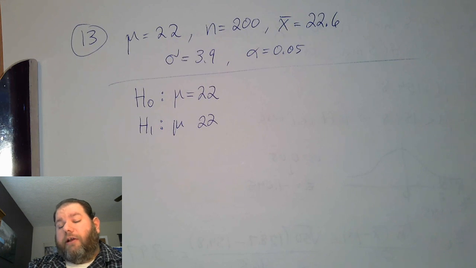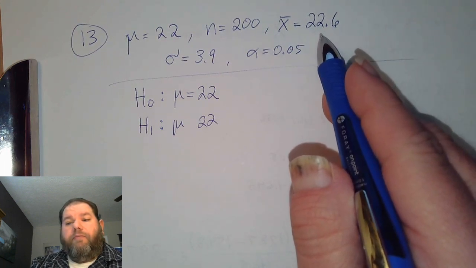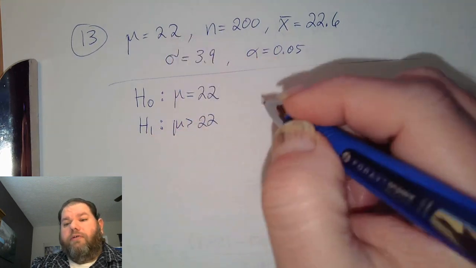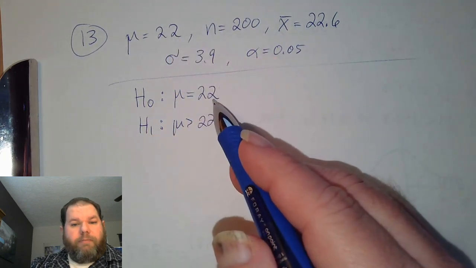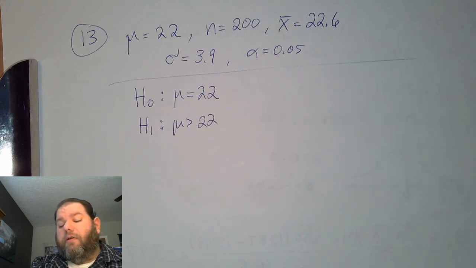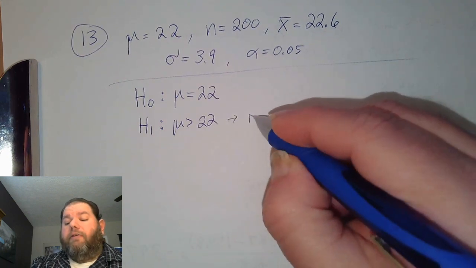Now we look at our x bar that we were given. From this sample of 200 individuals, we have a mean value of 22.6. So what we're saying is, because we got this value, we think mu is now higher than 22. Instead of 22 being a mean score, we think we're able to do better than that. Now, because it's greater than, that means it's going to be a right tail test.